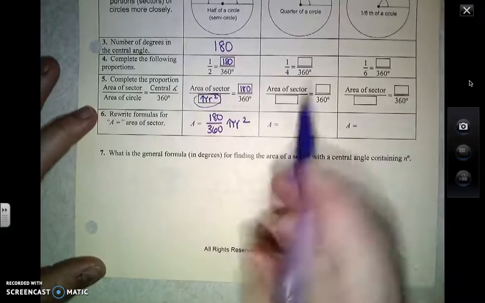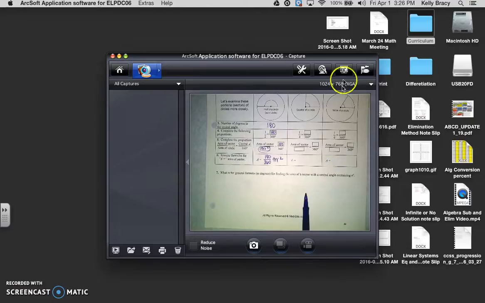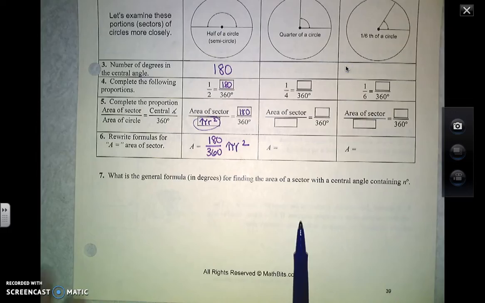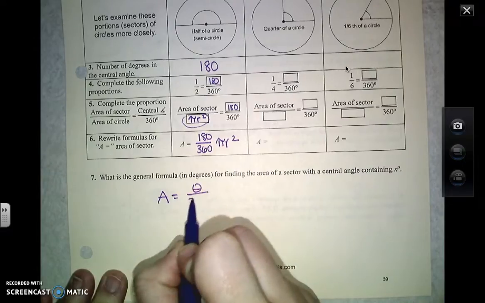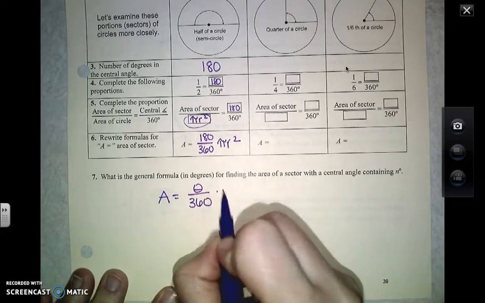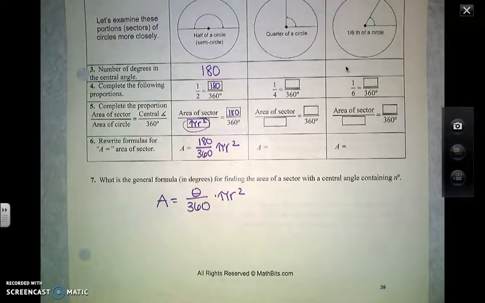So anytime you want to find the area of the sector of a circle, you're going to do theta over 360, just like we did for arc length. But this time you're going to multiply it by pi r squared. Theta over 360 times pi r squared.